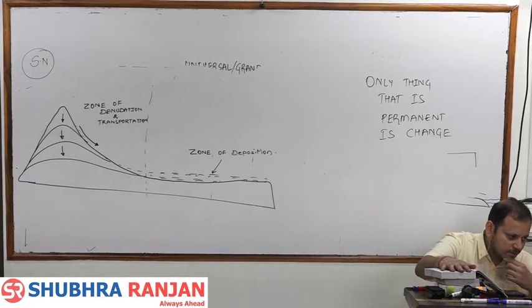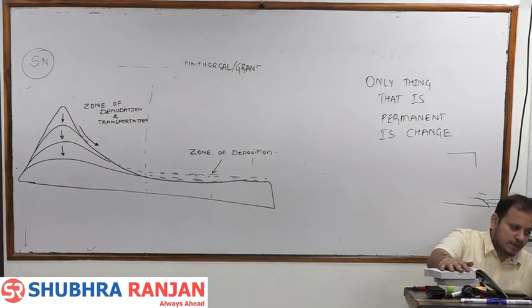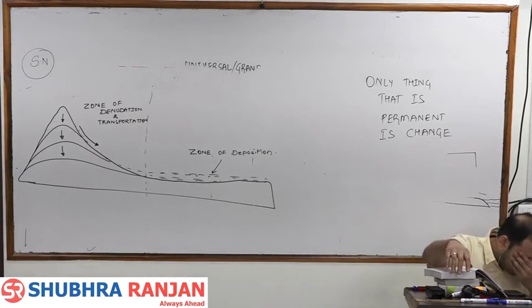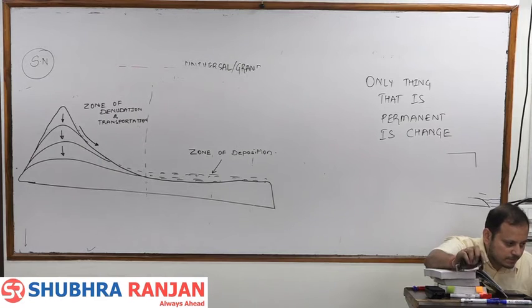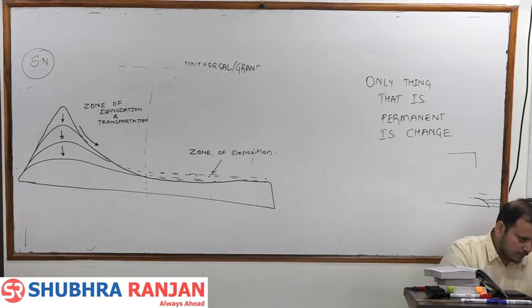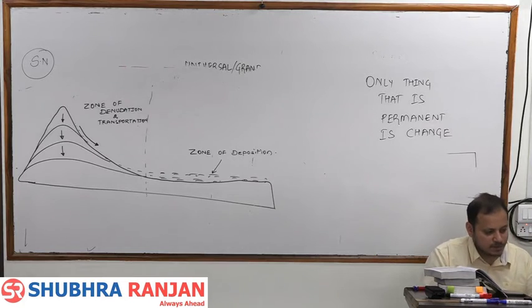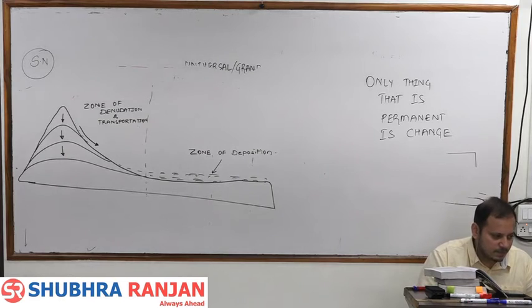and hence, for Davis to be correct, there has to be no change, which is not possible in the dynamic Earth's surface.